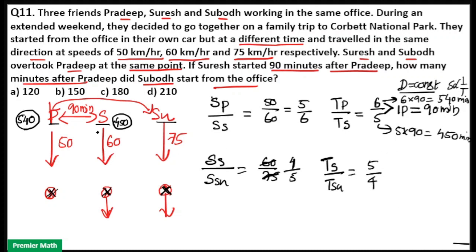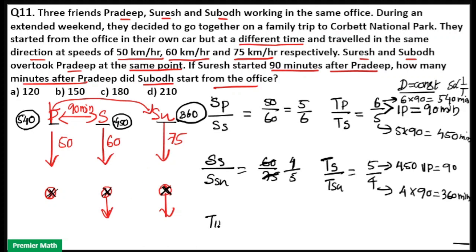And here you already know the time taken by Suresh is equal to 450. That is, this 5 part is equal to 450. That means 1 part is equal to 90. So that means 4 part is equal to 4 into 90, that is 360 minutes. So here the time taken by Subodh is equal to 360 minutes.